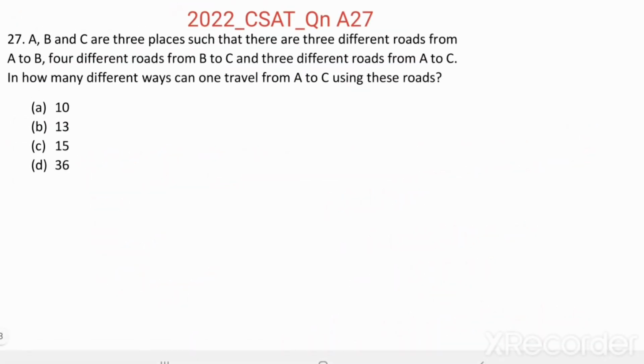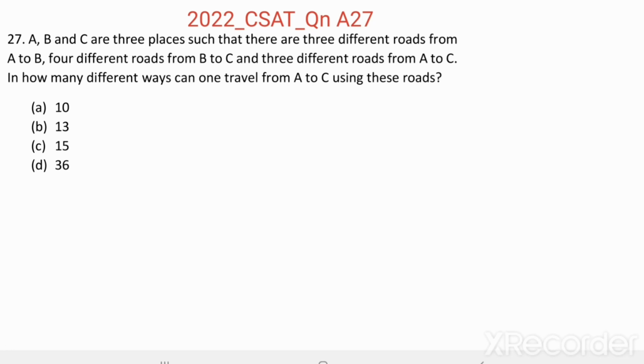Question number 27. A, B and C are 3 places such that there are 3 different roads from A to B, 4 different roads from B to C, and 3 different roads from A to C. In how many different ways can one travel from A to C using these roads?